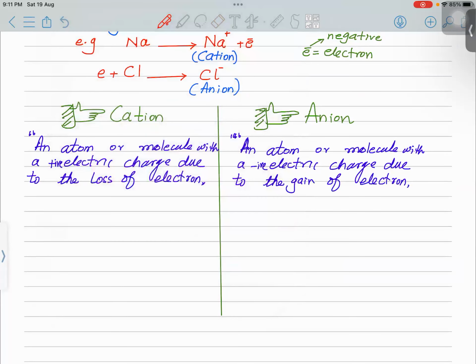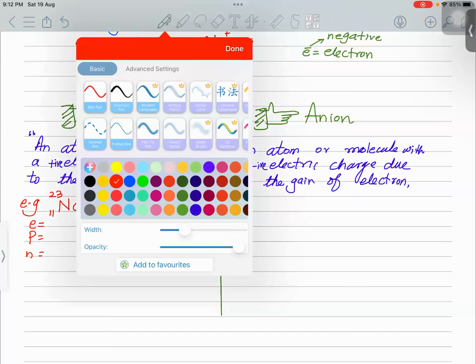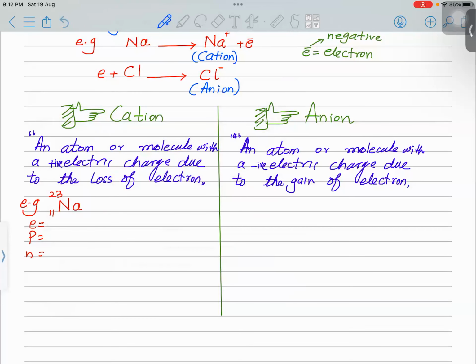Now look at example. Now here we have sodium. Can anyone tell me the number of electron, proton and neutron? Sir, electrons is 11, protons is 11, and neutrons is 12.